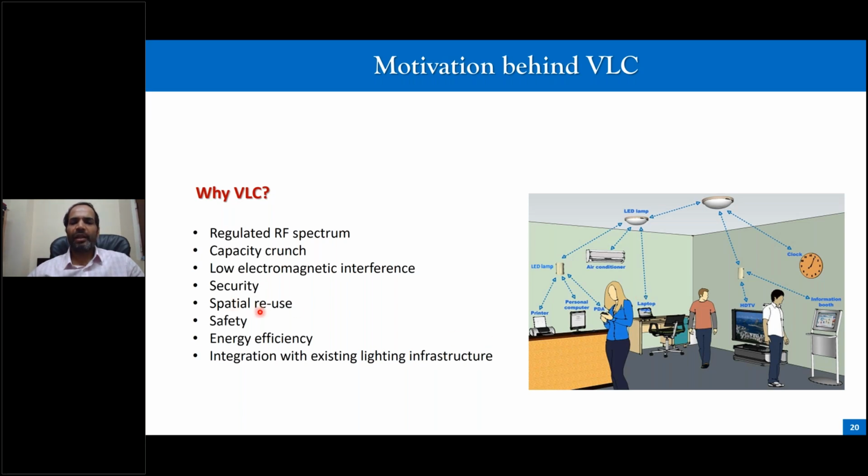Also, this means that we can spatially reuse the signal. For example, if there are 10 rooms in your house and the signal stays inside one room, then you can use 10 parallel links. All 10 people can talk without interfering with each other. But that is not the case in Wi-Fi.